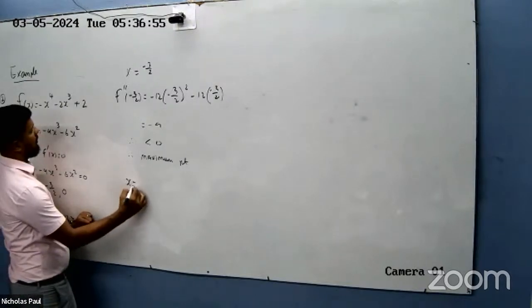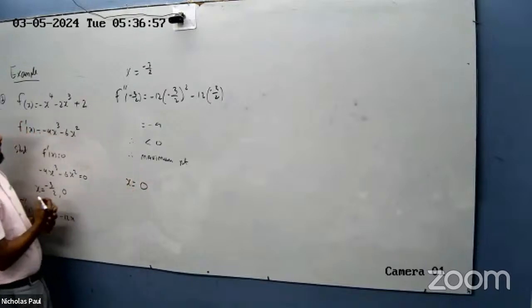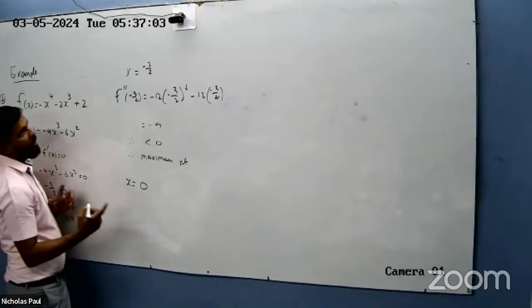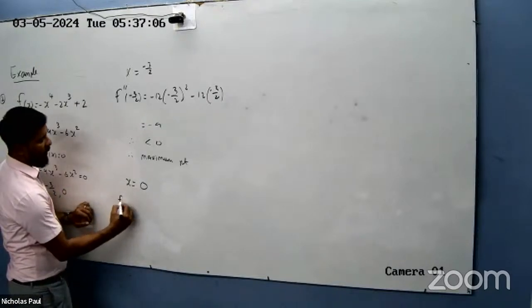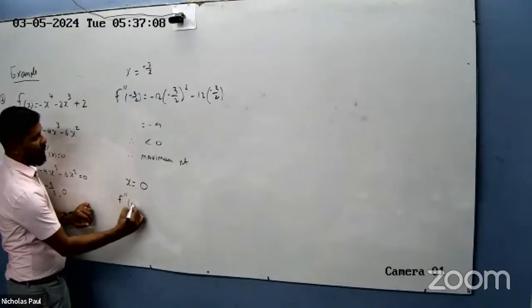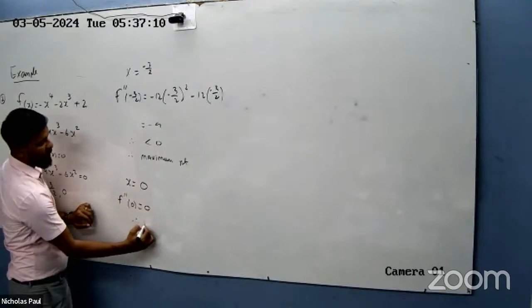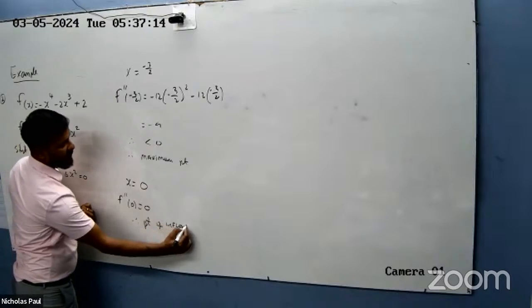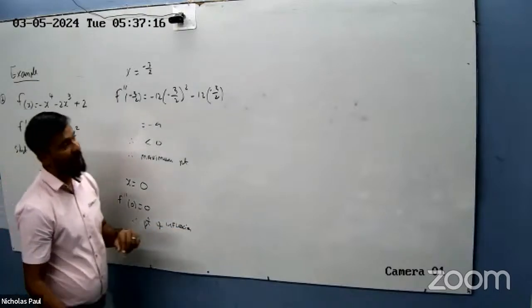Now, when x is 0, we have a little problem. We choose f double prime 0 giving us 0. So therefore, a point of inflection may exist. We have to confirm it.